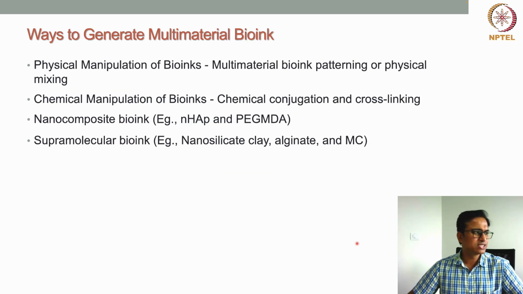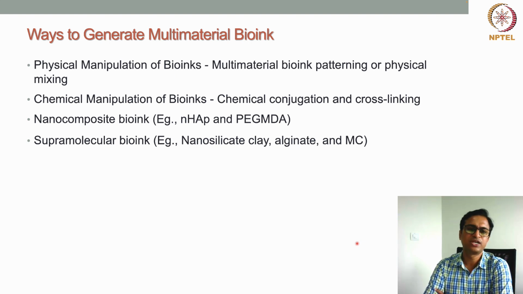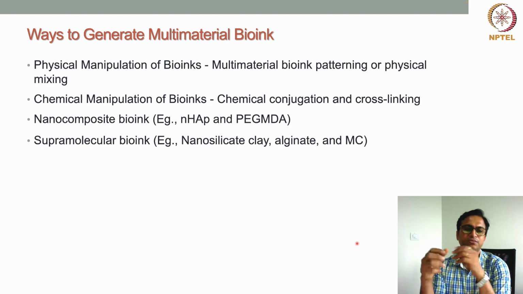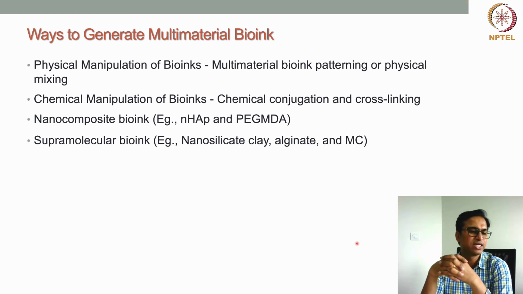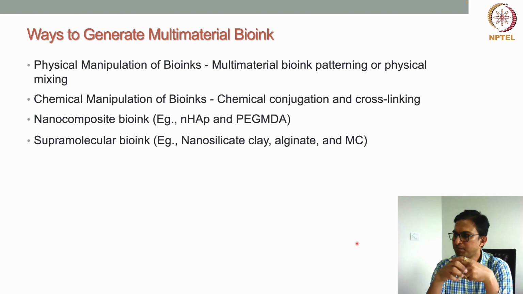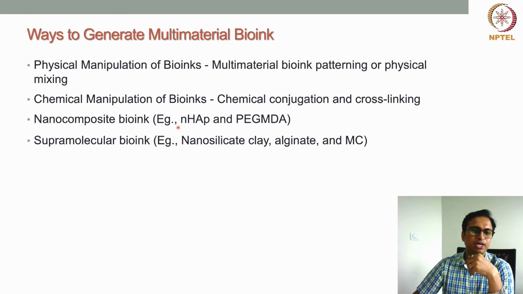Now we'll discuss what the different ways are to generate a multimaterial bioink system. Should we just mix the different components together and then develop the mixture? Definitely one way to do that is physically mixing the components of the bioink together in the final form, which can be used as the bioink. But the first point mentioned is physical manipulation of bioink.